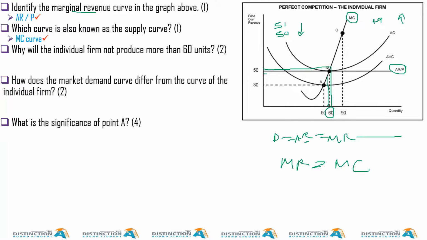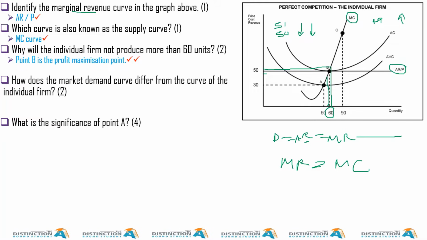And it's not really bad to produce an additional unit, which is 51, because it probably costs 32 or somewhere there. Produce the next unit, the next unit, the next unit until you get to 60. At 60, your profit is at maximum. Anything above 60, your profit begins to decline. So that's why you wouldn't want to produce anything above unit number 60.